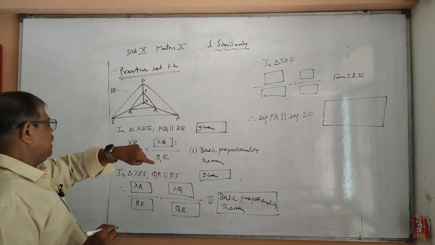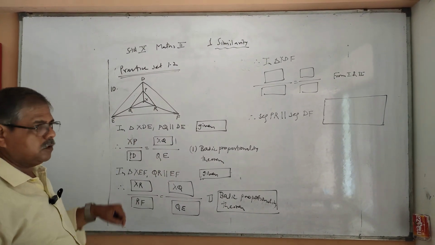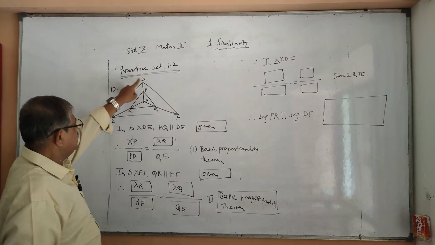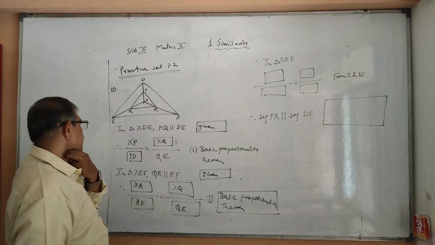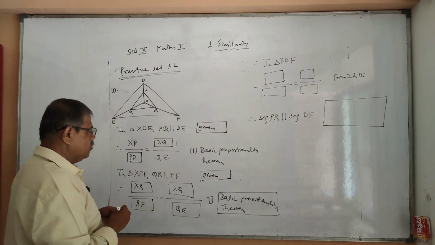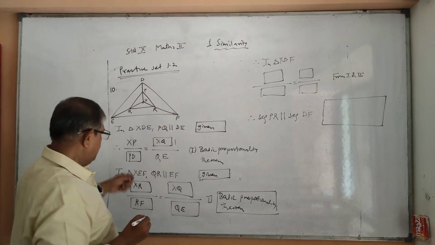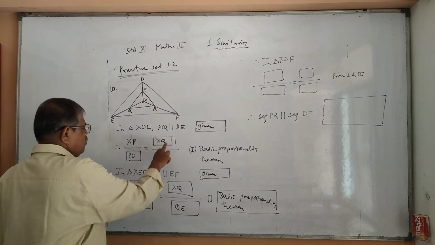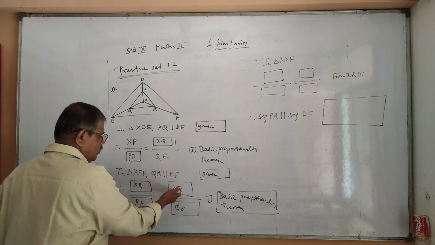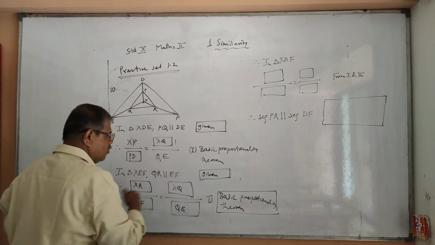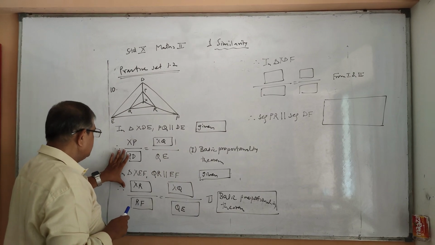Now, in triangle XDF, in your textbook it is not given, but you should write it. In triangle XDF, now I am taking XDF from 1 and 2. What I get from 1 and 2? If you observe, right hand side, XQ upon QE, here also XQ upon QE. So right hand side is equal in both 1 and 2. So their left hand side must be equal.